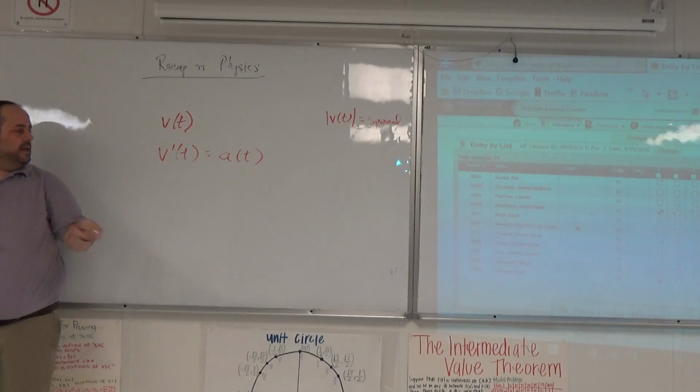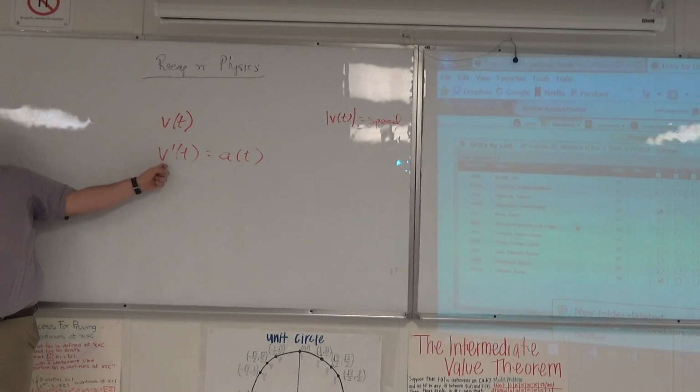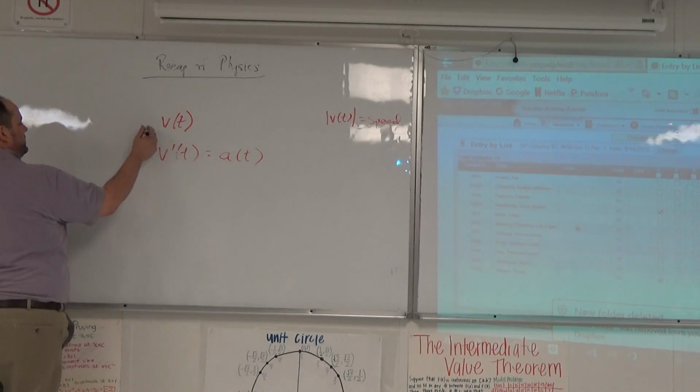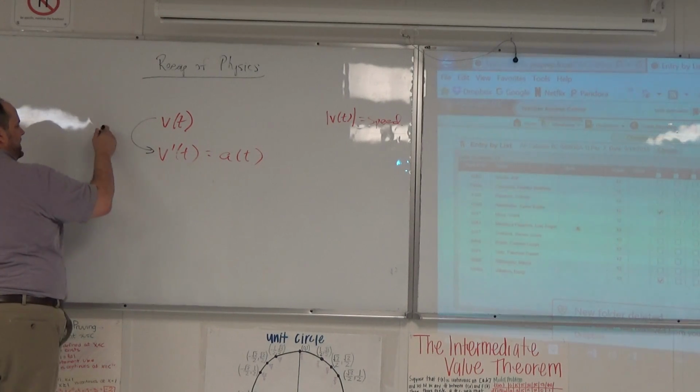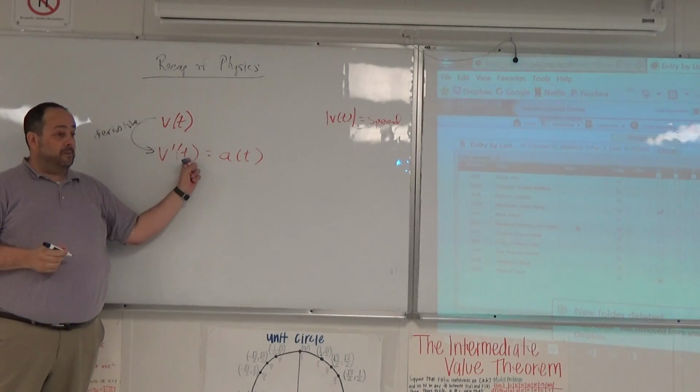Okay, one more time. If velocity has a point of inflection, the thing that you know? F prime is... V prime. Right. If velocity has a point of inflection, then the derivative of velocity, which is acceleration, is going to change, increasing to decreasing or decreasing to increasing. Right. You want to think velocity and derivative of velocity. This is a derivative relationship. So kind of like F and F prime or F prime and F double prime.